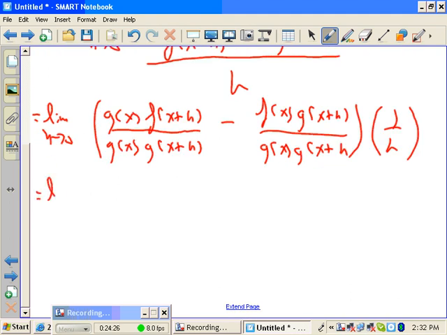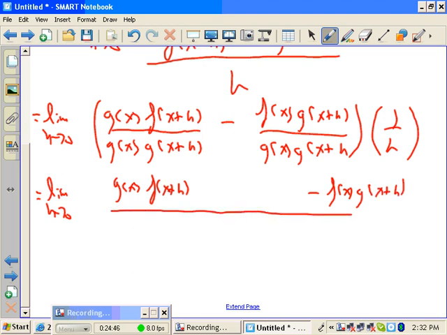So this equals the limit as h approaches 0 of g of x plus h times f of x plus h. I'm going to write it like this. Minus f of x times g of x plus h over a common denominator, h times g of x times g of x plus h.